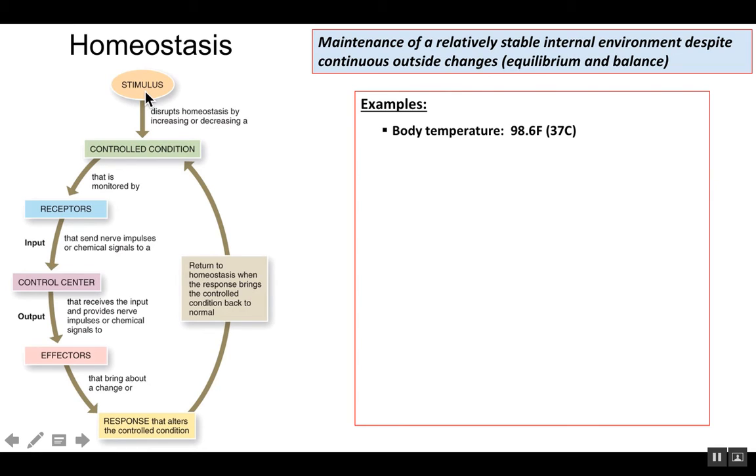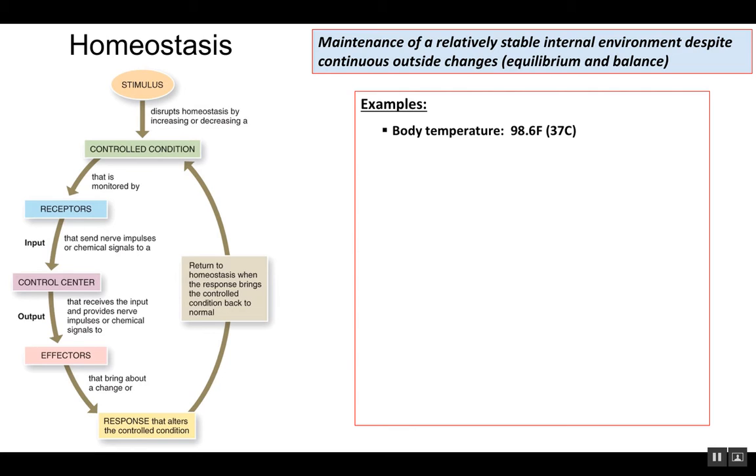So for example, if our stimulus was high body temperature, the response better be to lower that body temperature. If the stimulus was low body temperature, maybe we are very, very cold, the response should be to generate heat. For example, muscles will shiver in order to generate heat.